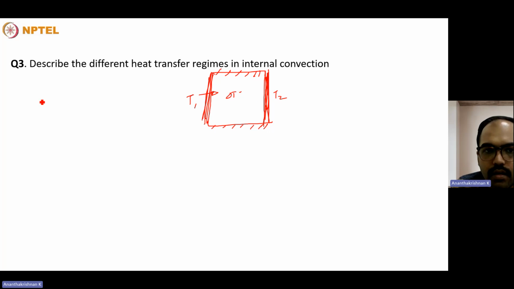So the convection term could be scaled as m C_p delta T, the enthalpy.